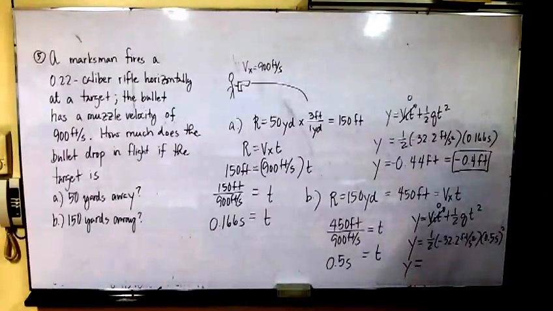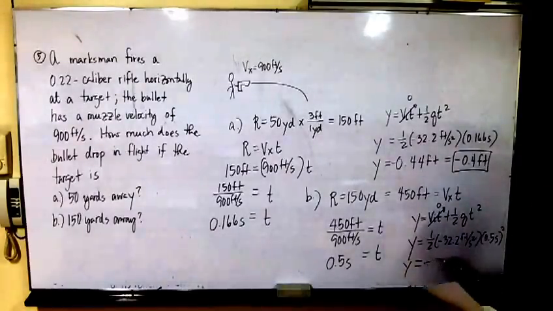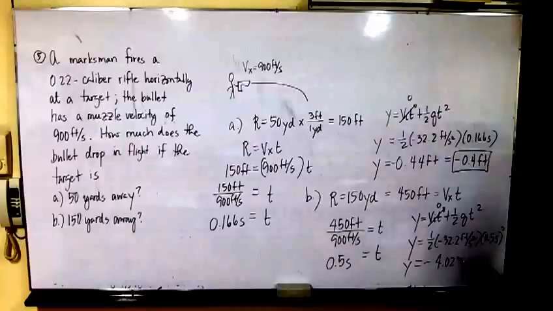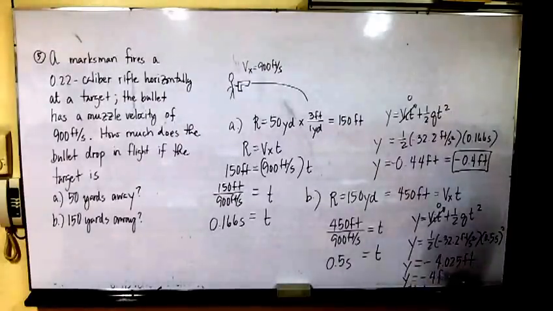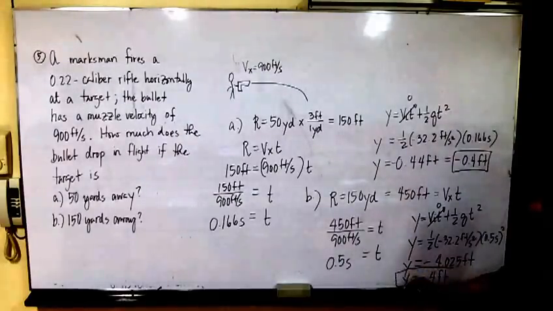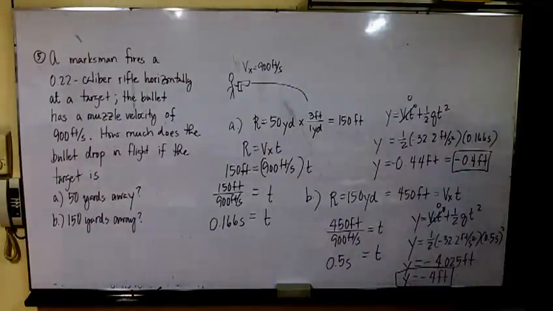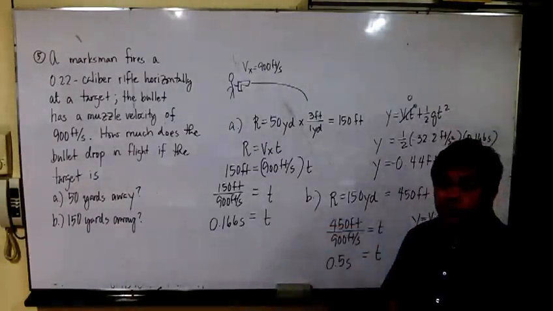This would give us negative 4.025 feet. And rounding off, you will have -4 feet. This would be the vertical drop if the range is 150 yards.